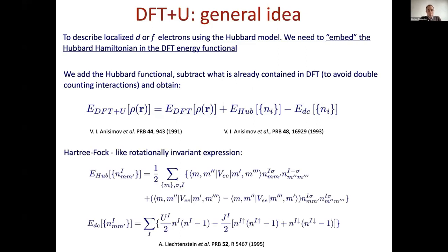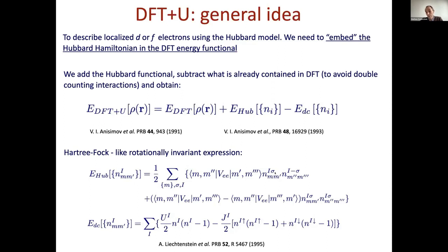Through the years, there has been a lot of development, of course, and a nice formulation was given in '95 by Liechtenstein and his co-workers, who came up with a so-called rotationally invariant expression based on screened Hartree-Fock, where the effective interactions change according to the rotation of these states on the same site, so as to compensate the rotation of the operatorial part.